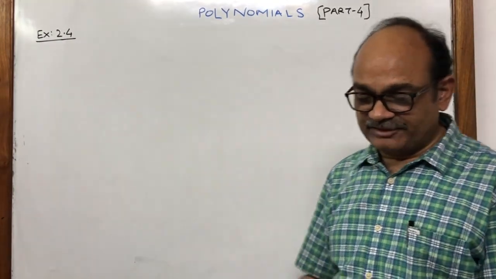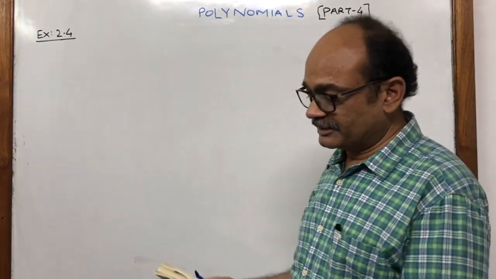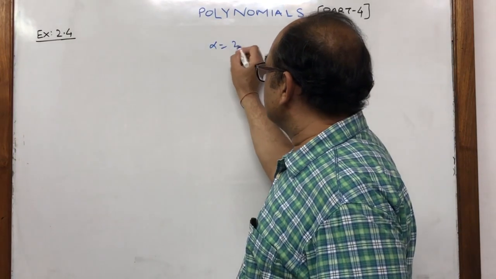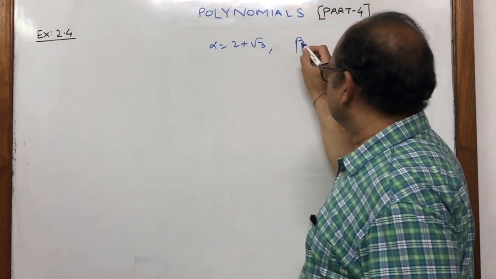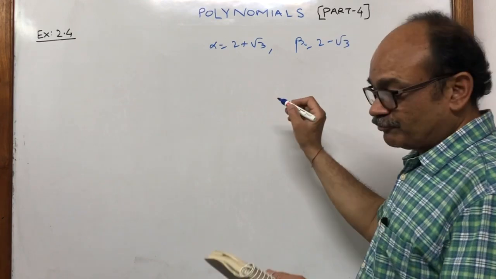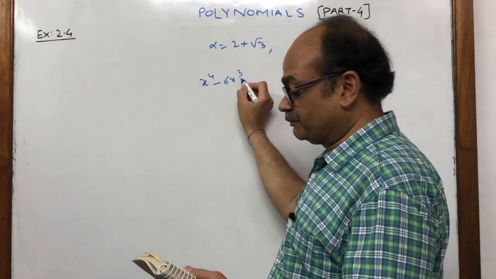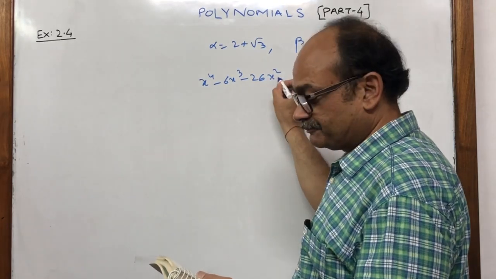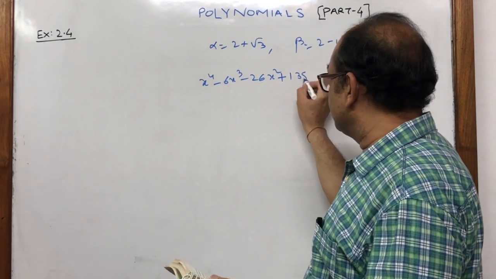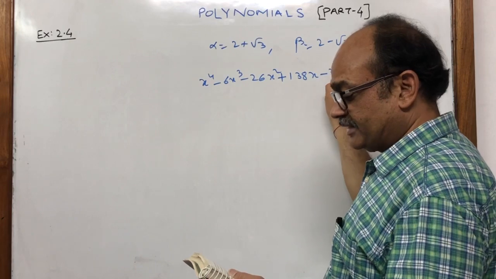Sum number 4: if two of the zeros are given as alpha equals 2 plus root 3 and beta equals 2 minus root 3 for the polynomial x to the power 4 minus 6x cube minus 26x square plus 138x minus 35.